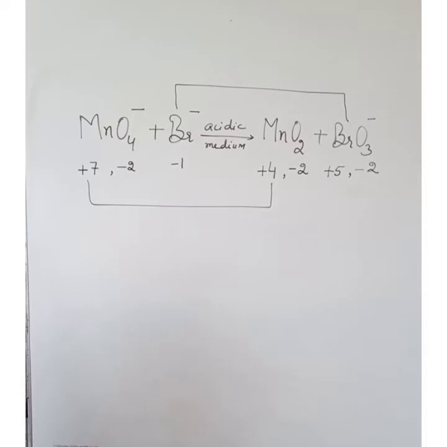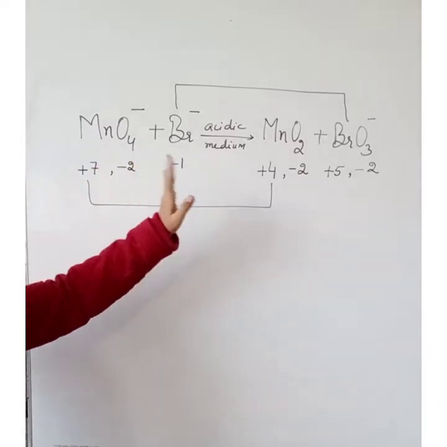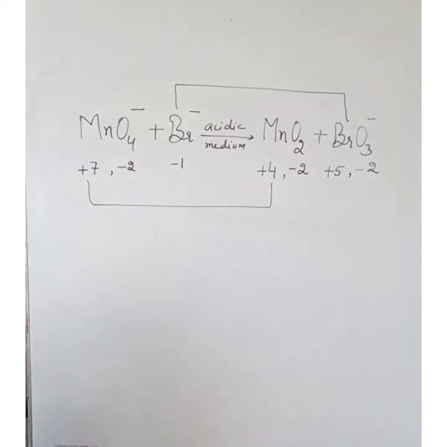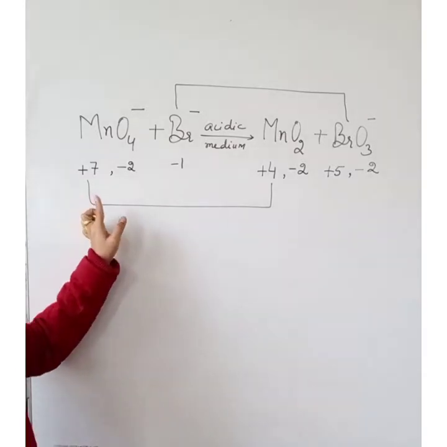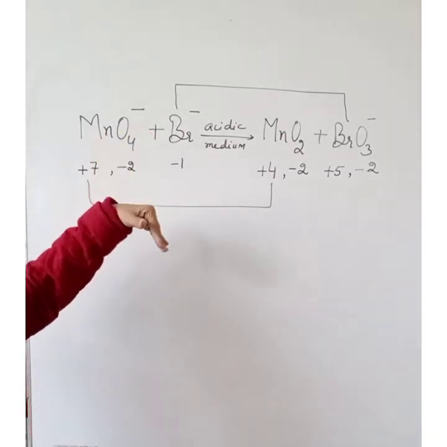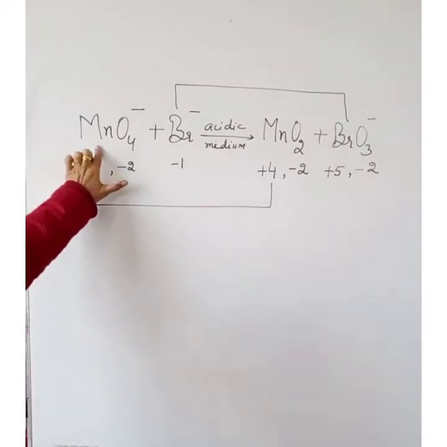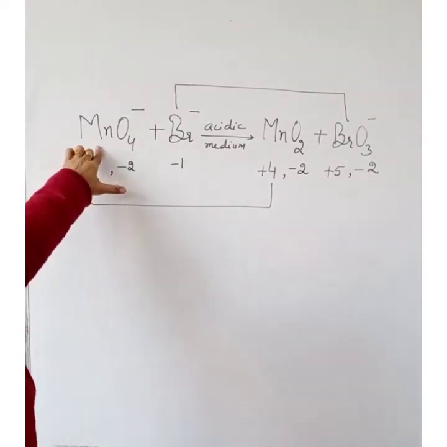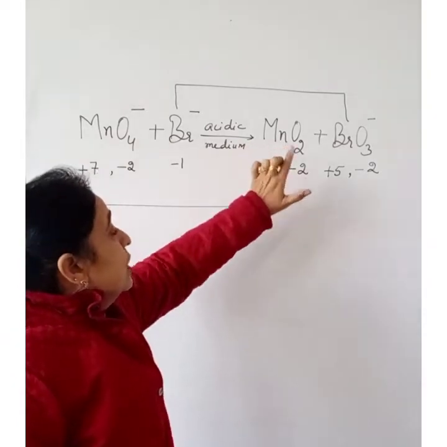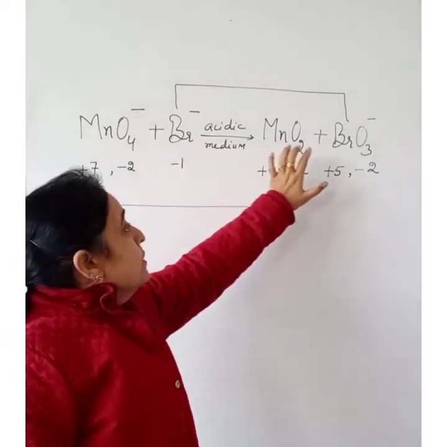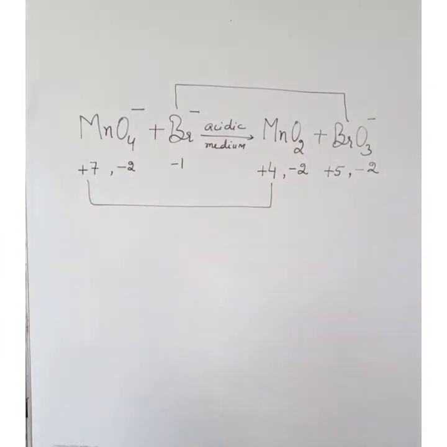Now calculate the increase or decrease in oxidation number by looking at the number of atoms on both the sides. That means we have to see the increase or decrease in oxidation number per atom. One manganese is there, one manganese is there on this side. That means it is balanced. One Br, one Br. It is balanced on both the sides.